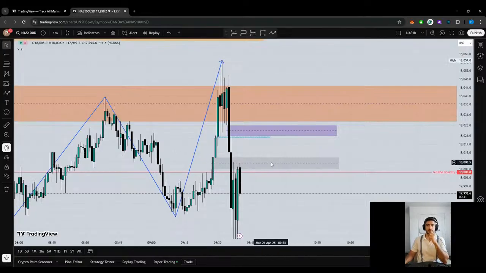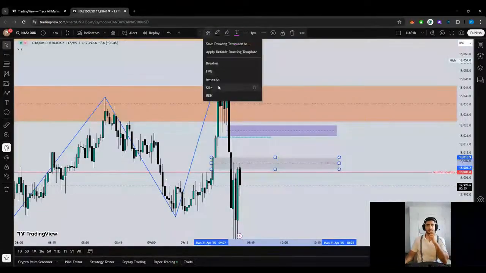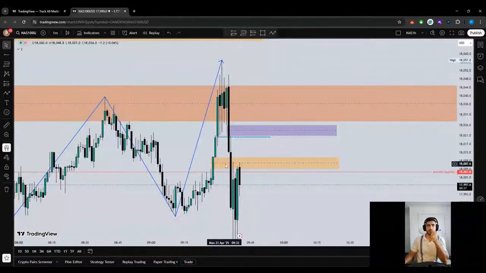And now this became an inversion because this candle passed straight through and we'll use it as resistance.